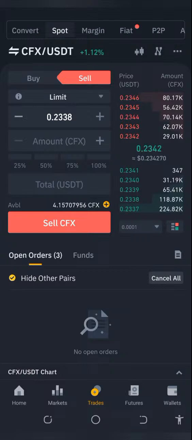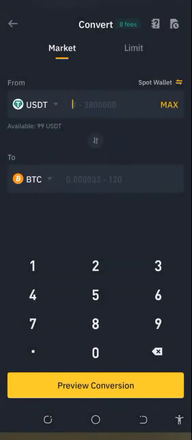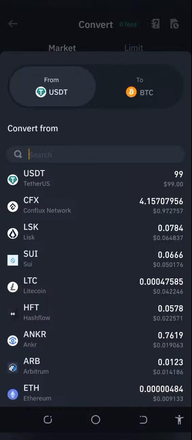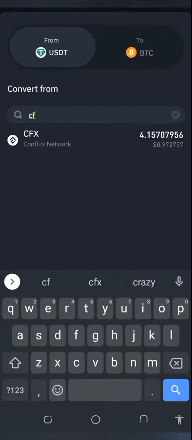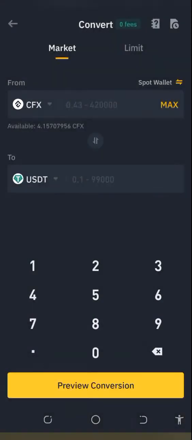Okay, it has arrived. 4.15. Okay, we sent out 4.26. Now it's at 4.15. Obviously, we cannot change it here. So we have to go back to our convert and then we will put that in here. CFX. Okay. And then USDT. And let's see how much. Max.